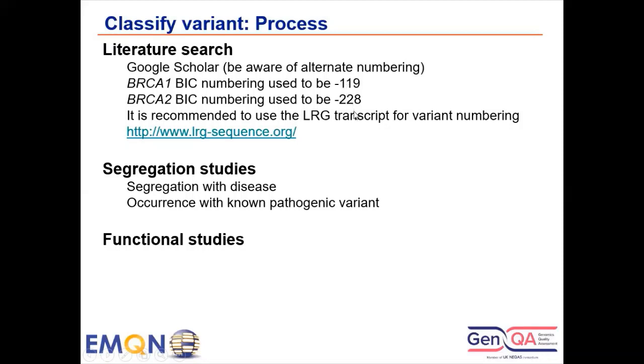Before there were good agreements about numbering of nucleotides, the numbering may be different. So for the BRCA in the old BIC database, BRCA1 numbering for the nucleotides had 119 nucleotides more included, and for BRCA2 they started at position minus 228.